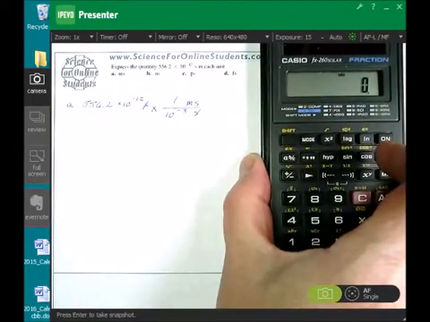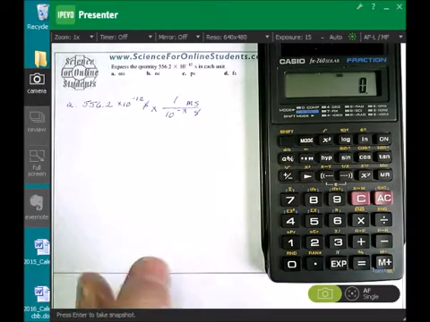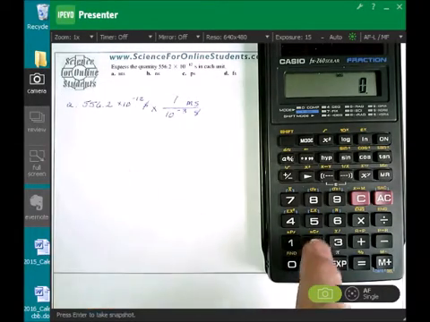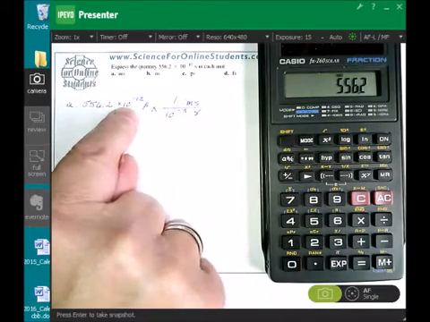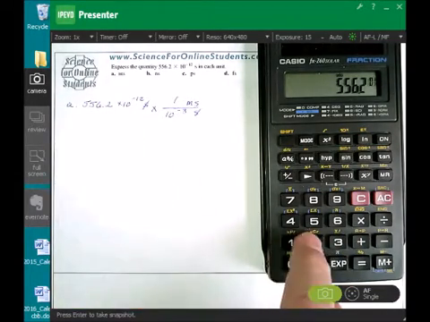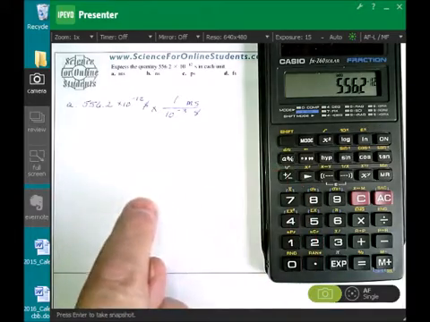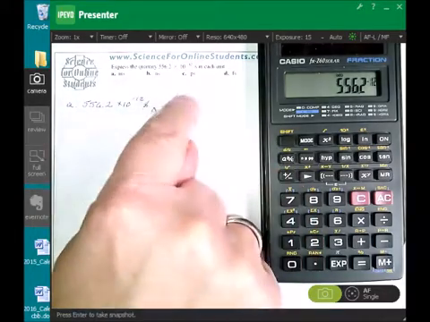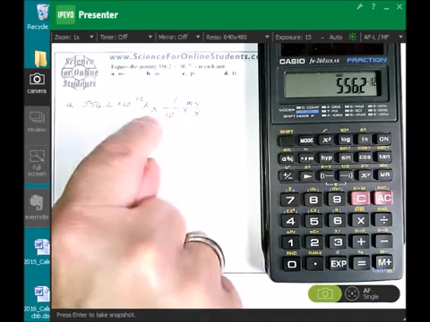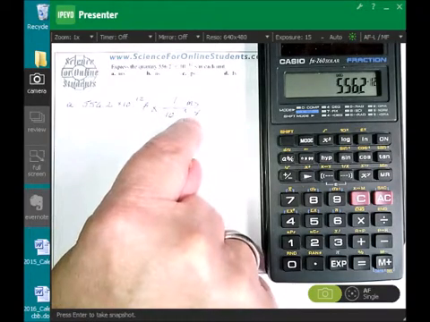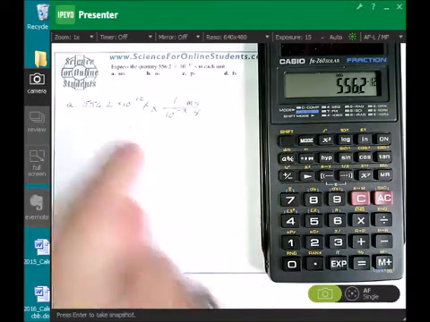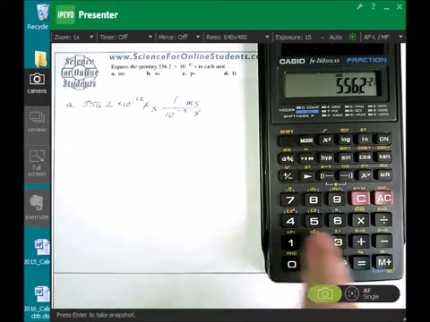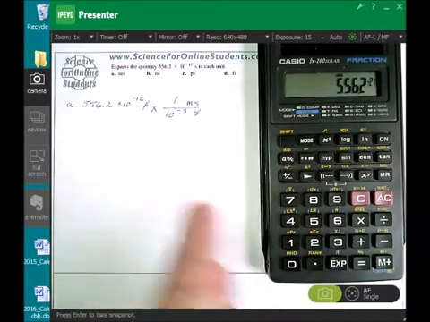So let's put that into the calculator. 556.2 times 10 to the minus 12, and then we will multiply by 1 and divide by 1 times 10 to the minus 3. When you're putting it into the calculator, don't forget, put in 1 times 10 to the minus 3.